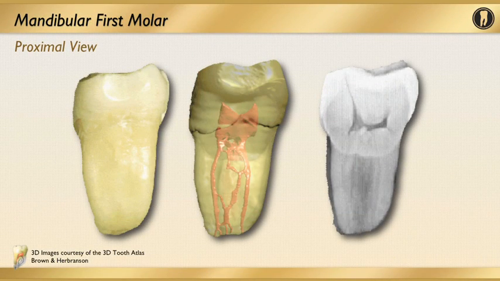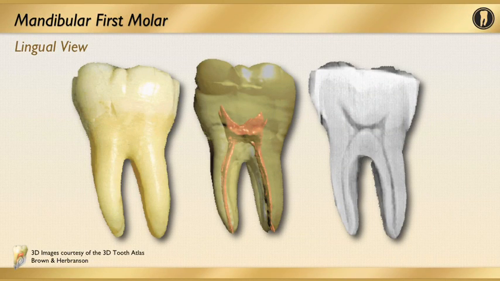Now let's look at the lingual view of the mandibular first molar. Notice the narrowness of the roots and also the anatomical complexities that present within the root canal system. These anatomical complexities have to be appreciated and have to be realized at the point of access preparation so that these problems don't present themselves in the instrumentation process and can be overcome adequately in the treatment of this root canal therapy.